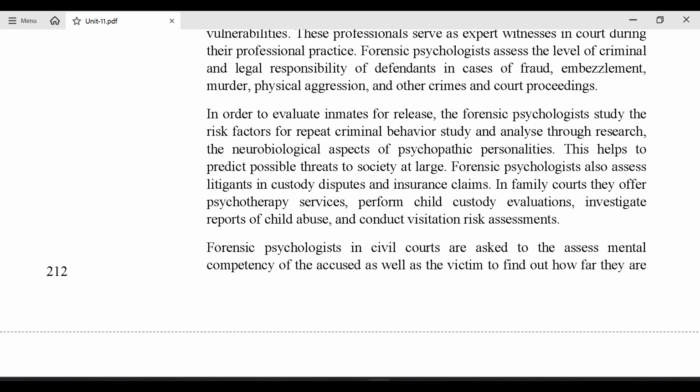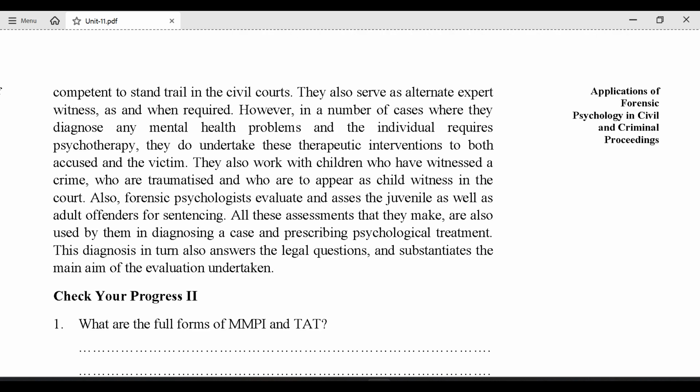In family courts they offer psychotherapy services, perform child custody evaluations, investigate reports of child abuse, and conduct visitation risk assessments. Forensic psychologists in civil courts are asked to assess mental competency of the accused as well as the victim to find out how far they are competent to stand trial in the civil courts.